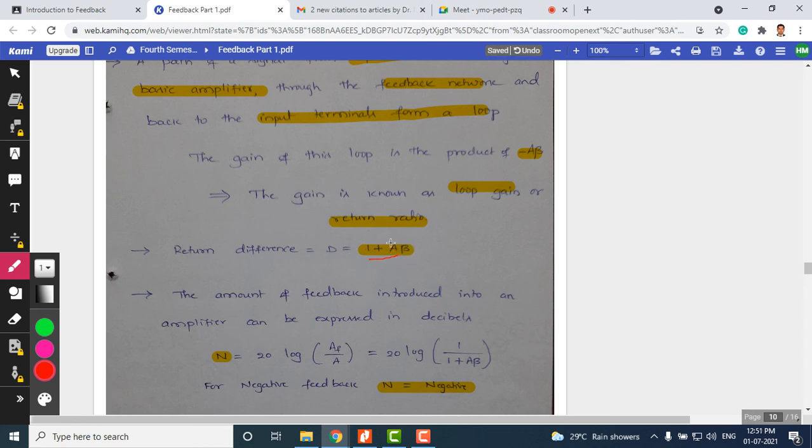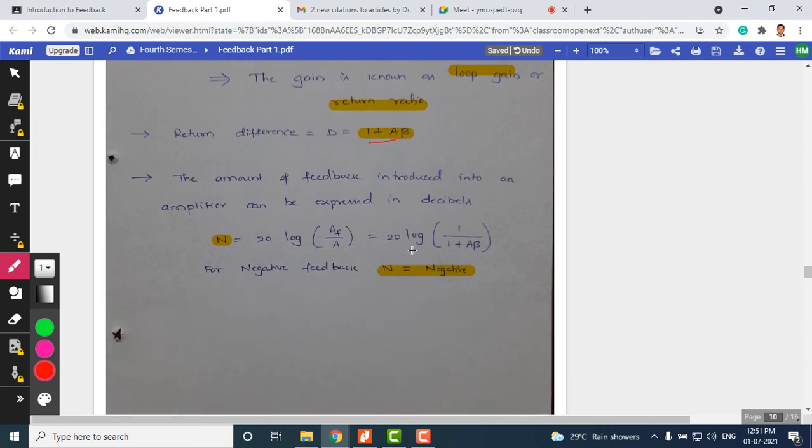We denote D as 1 plus A beta, and the amount of feedback can also be given by an expression, N, which is given by AF by A, the ratio of the gain with feedback to the basic amplifier gain.